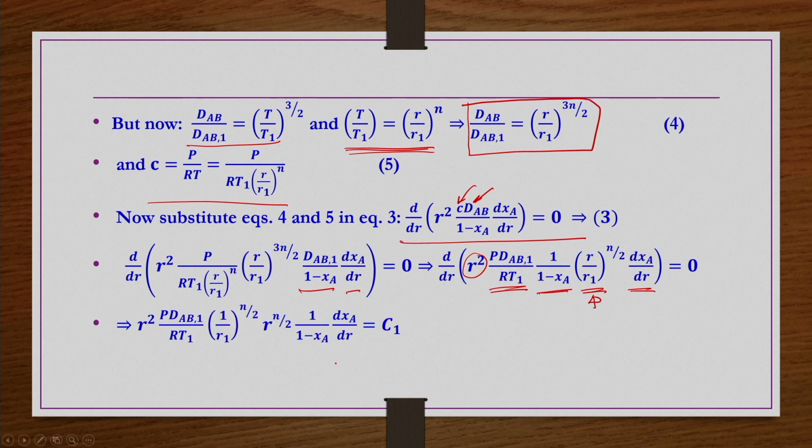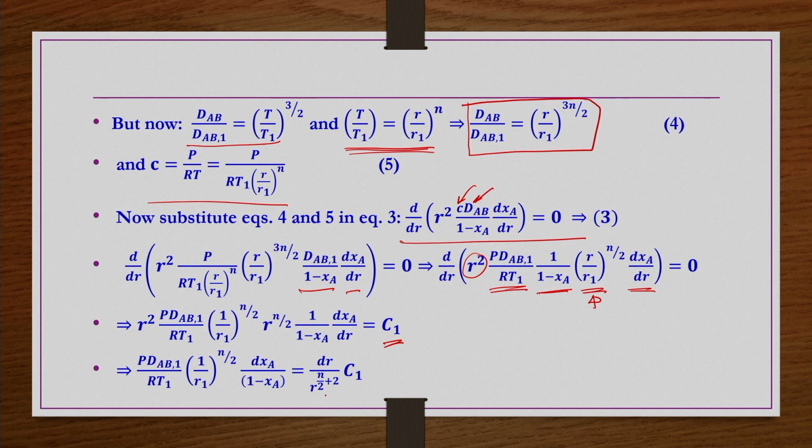Now you can integrate. The left hand side differentiation will go off, and we have a C1 constant in the right hand side. This R square and R power n by 2 divided by R1 power n by 2, we are separating out so that we can combine R power n by 2 and R power 2 as one term, which will be useful in integration subsequently.